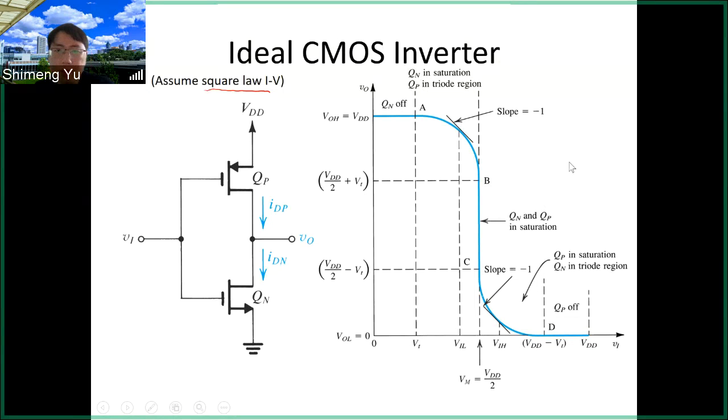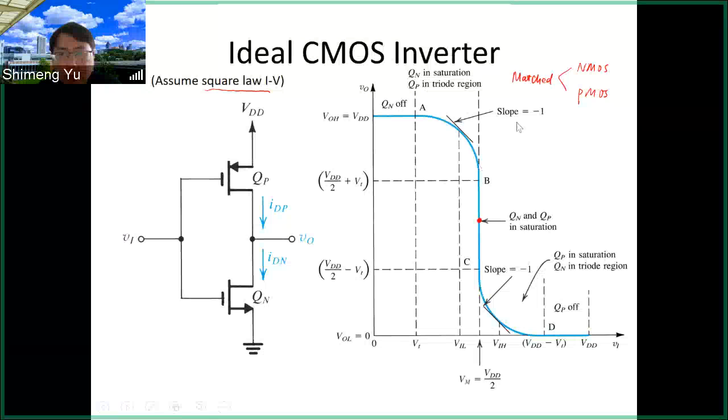And also, here we will assume this is a matched inverter. Matched means the CMOS has the same NMOS and PMOS strengths. They are matched. So if they are matched, then this is symmetric towards the center, or actually, say it's mirrored towards the center.